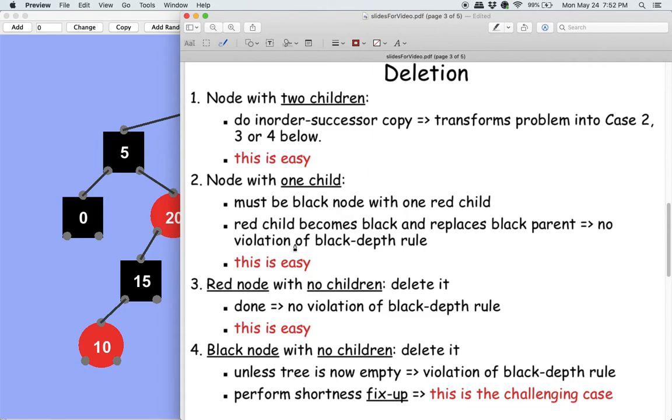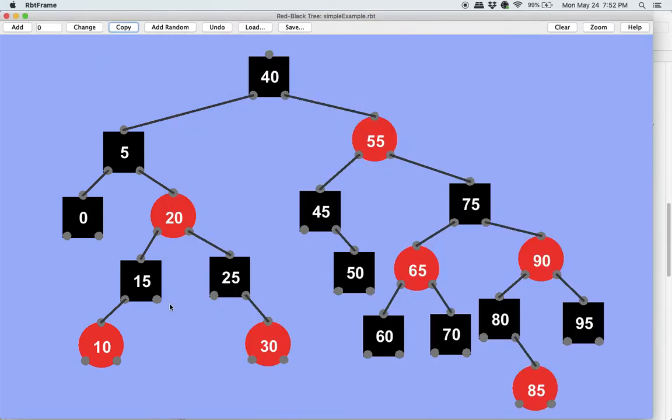If I have a node with one child, I simply do a replacement. So in this example, let's say I want to delete the 15. Well, I'd find the 15 on the way down here. What I do is I basically replace it with its child.